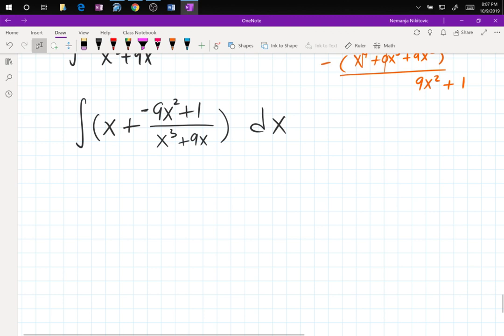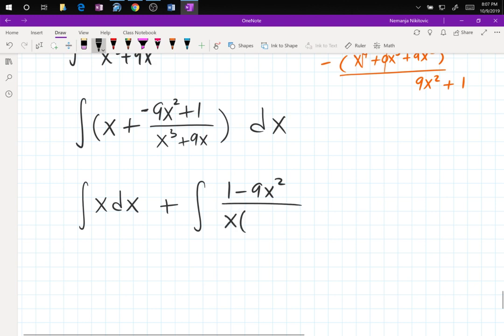So now you have two separate integrals to worry about. The first integral is x dx. Good luck with that. Plus the second integral is 1 minus 9x squared divided by, you kick out x, you have x squared plus 9. Yep. x times x squared plus 9 dx.